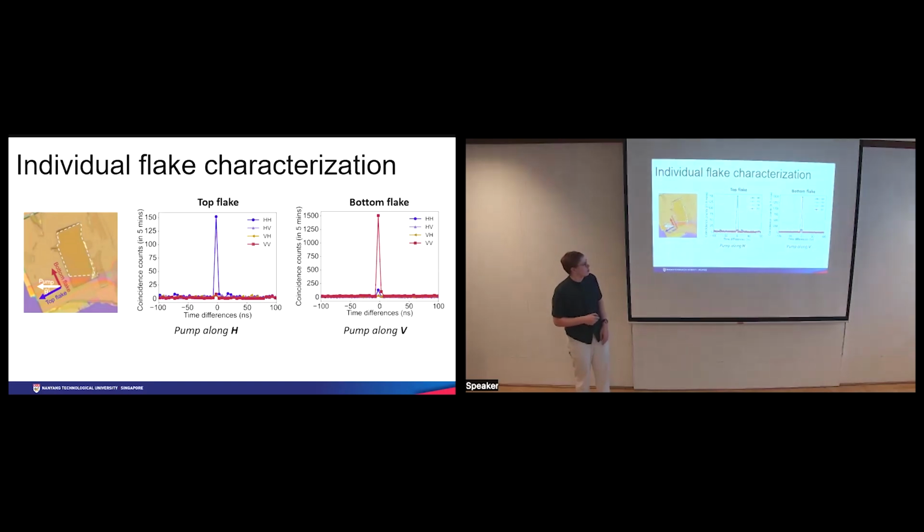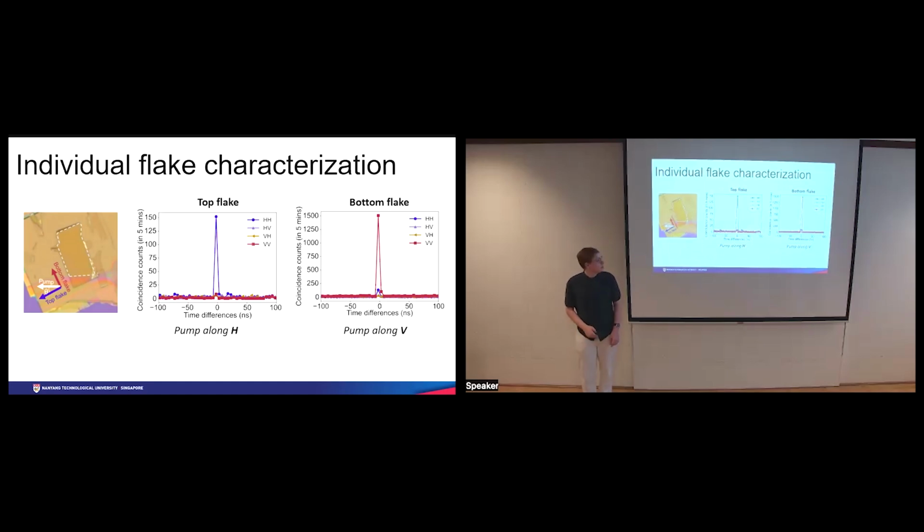We define the top flake axis to be H, and the bottom flake axis to be V, as in vertical. So we show that most of the photon pairs from each flake are generated in the perpendicular directions when the pump is along the corresponding crystal axis.